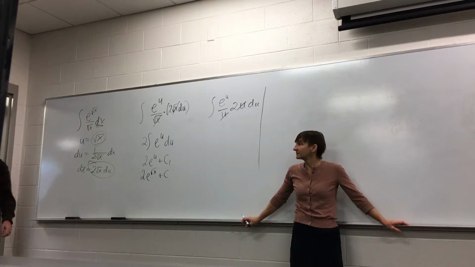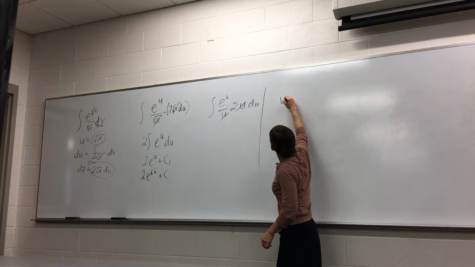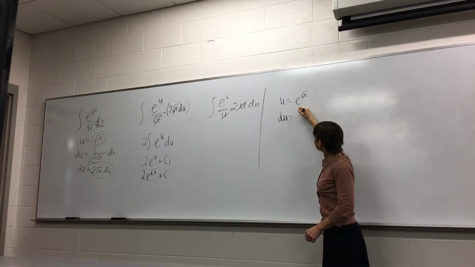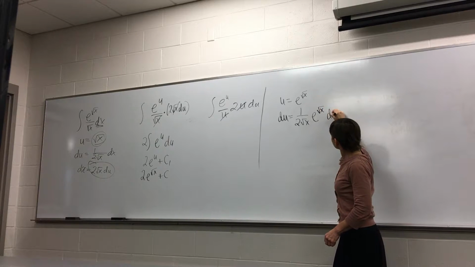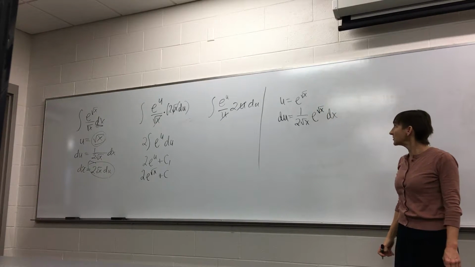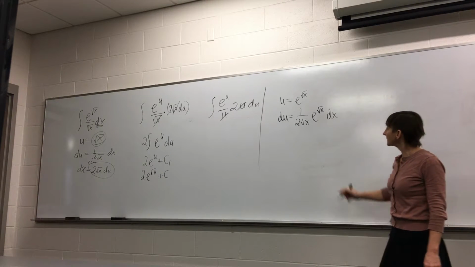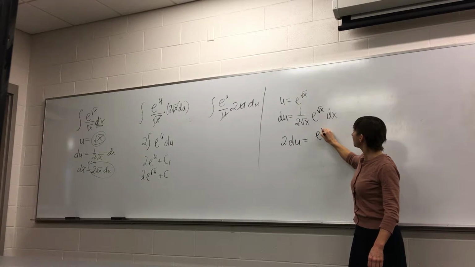I did u equals e to the top part. What is this, 5.4? e to root x squared. Yeah, that'll work too. So, 2du, just pretty this up a little bit.